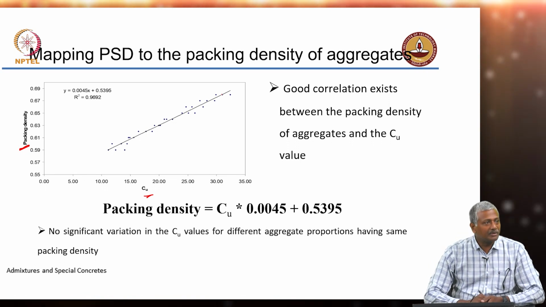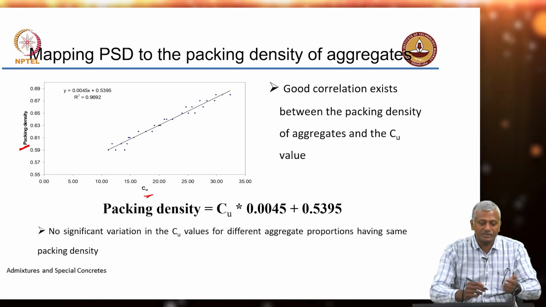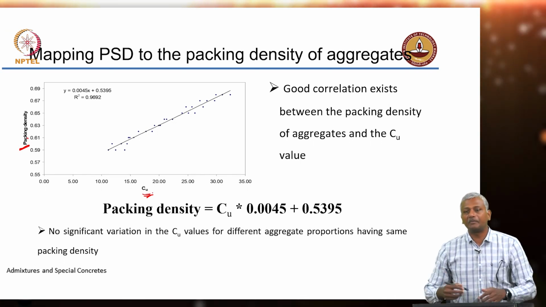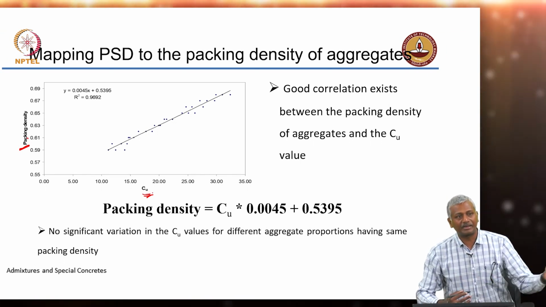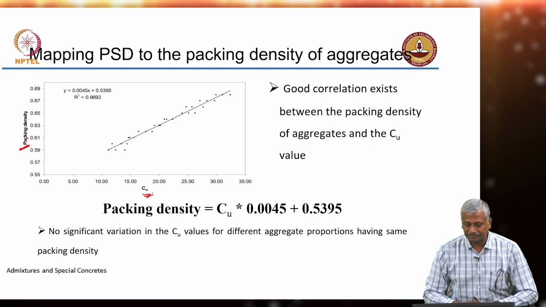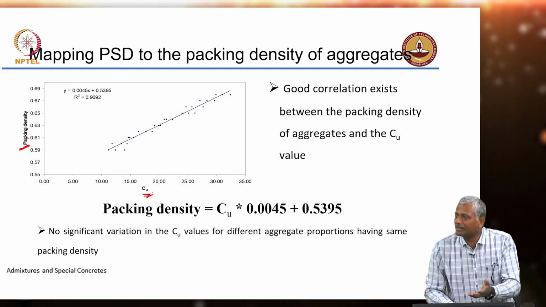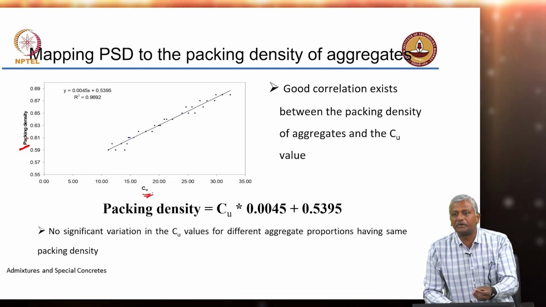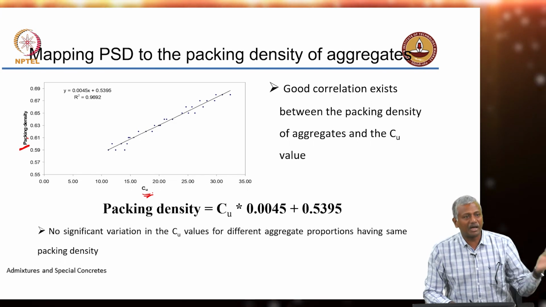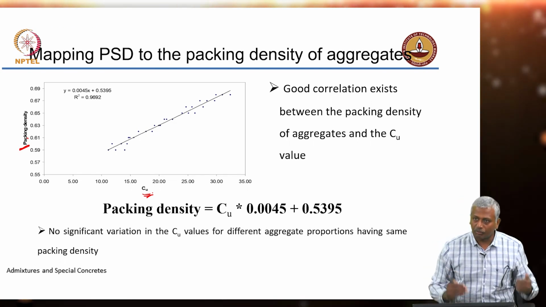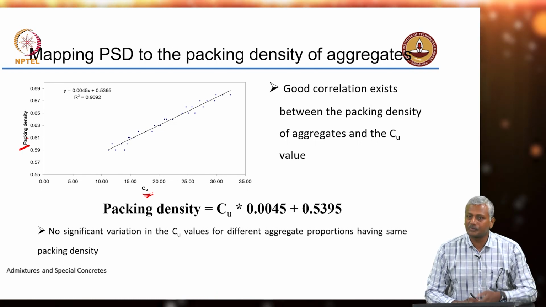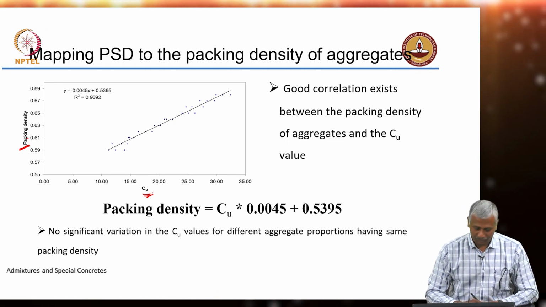Of course, packing density was determined experimentally. Coefficient of uniformity can be determined just by a calculation based on different proportions of sand, 20 mm and 10 mm. So this is a simpler way for a person who is starting immediately to start designing SCC. But if you have an RMC plant where you are getting a uniform source of aggregate, you can then generate those ternary packing diagrams with multiple sets of data.